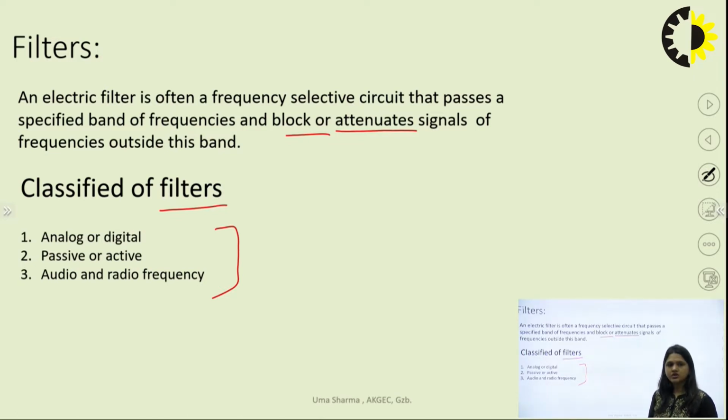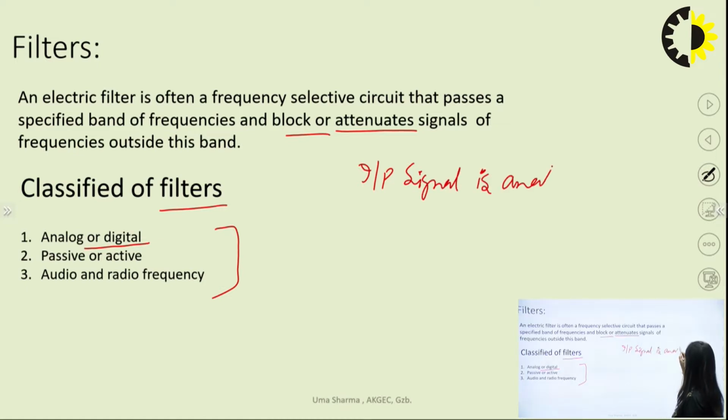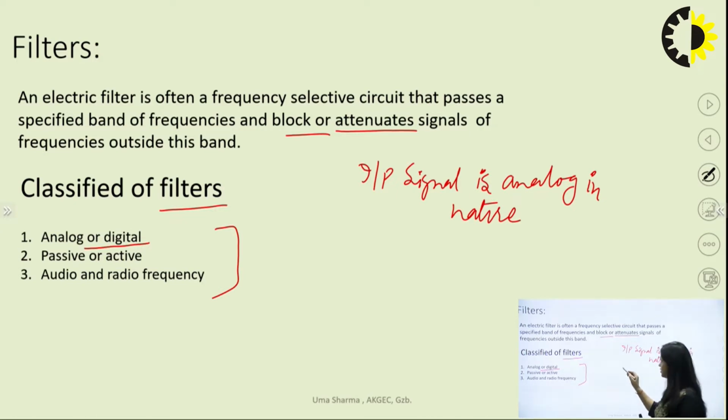waveform or the nature of the input signal, we can classify the filter into two categories: analog filter and digital filter. The meaning of analog filter is that if the input signal is analog in nature, then the filter is known as analog filter.